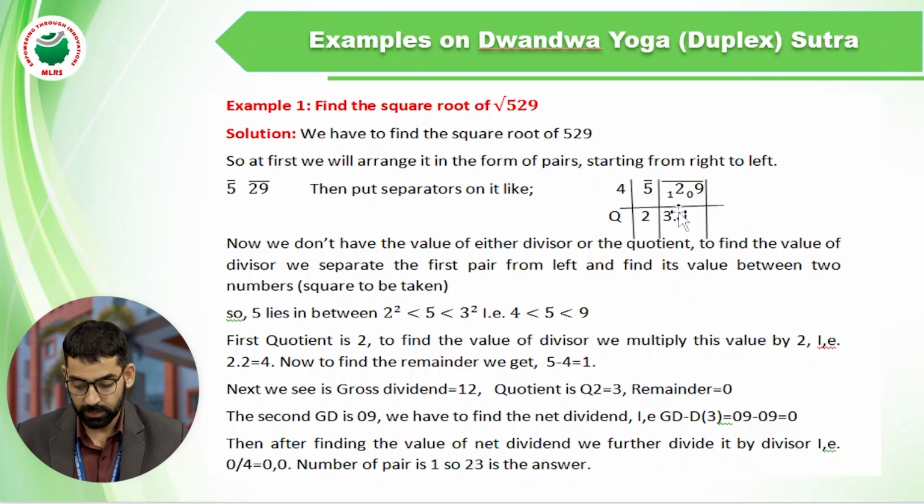So we take the duplex of 3, which is 3 square, that is 9. So gross dividend 9 minus 9 equals 0. So the remainder here is 0. Then we have the number as 0. Net dividend equals 0.